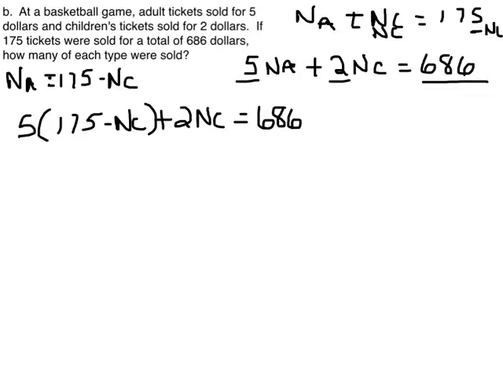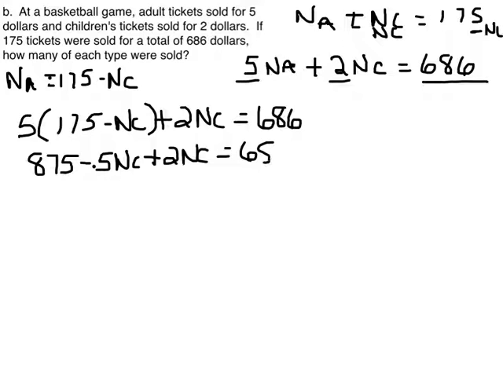Alright, so when I do my distributive property, I'm going to see that 5 times 175 is 875 minus 5NC plus 2NC equals 686. Combine these like terms and I have 875 minus 3NC equals 686.